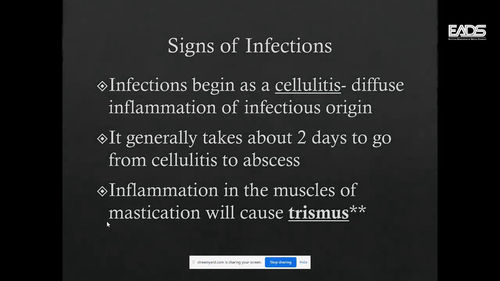As the infection begins, it starts as cellulitis, which is a diffuse inflammation of infectious origin. It generally takes 2 days to go from cellulitis to abscess. And usually this also leads to trismus, which is when the masticatory muscles are involved, so the patients are unable to open their mouth.